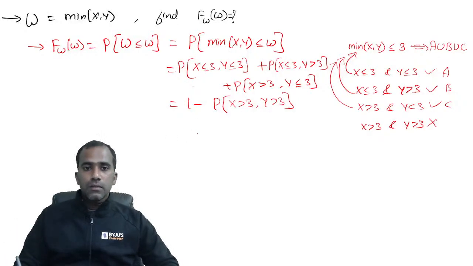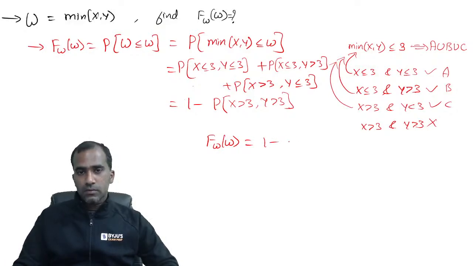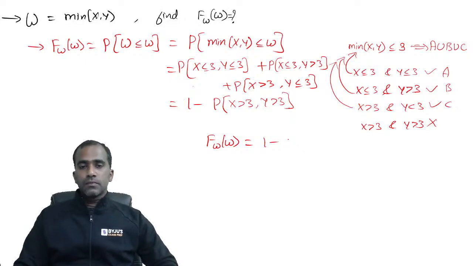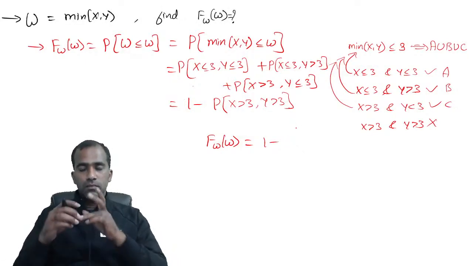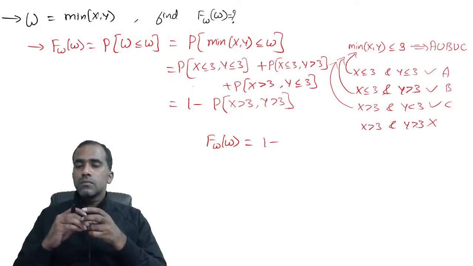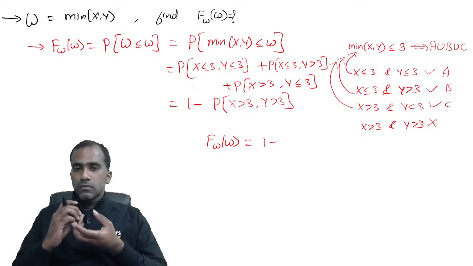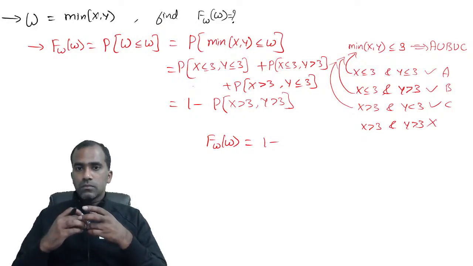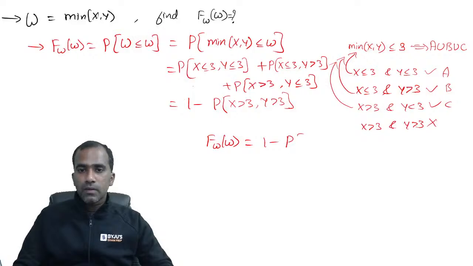Okay, right. So let us simplify this relation. FW of W is equal to, we can write it as 1 minus... So you can write it in this manner, or there is another way actually.